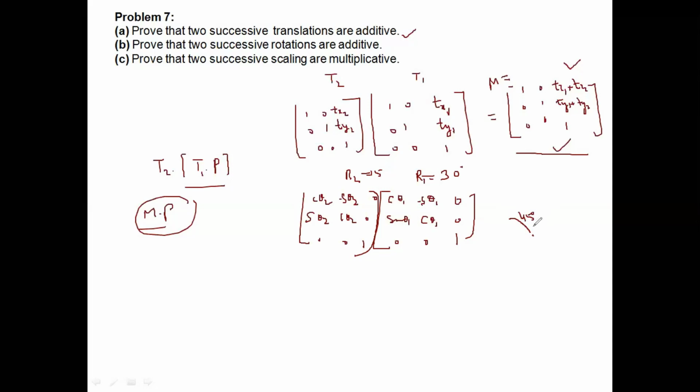Instead of saying that it is rotated first by 30 degrees then 15 degrees, we are rotating this object or this point by an angle effectively of 45 degrees. So instead of multiplying two times, we can simply write cos of theta 1 plus theta 2, minus sine of theta 1 plus theta 2, sine of theta 1 plus theta 2, cos of theta 1 plus theta 2, 0, 0, 1, like this.